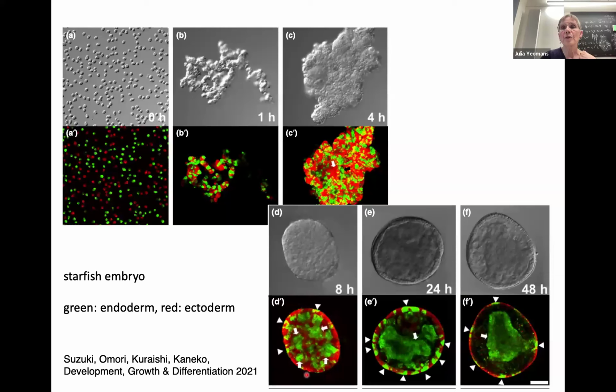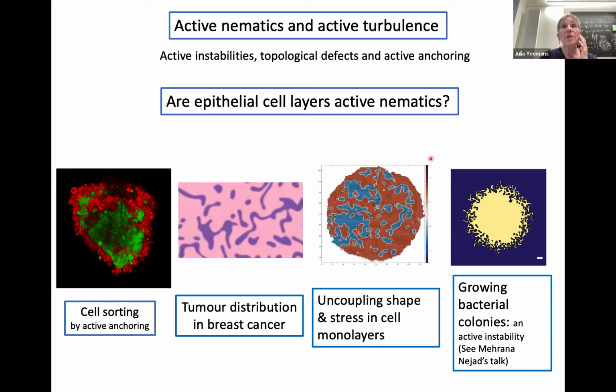And then you get this sort of sorting to a boundary thing. And you end up with a system which looks back like a starfish. And it's pretty amazing that nature can do that. And maybe we're trying to understand better what's going on there. So that was the first story.